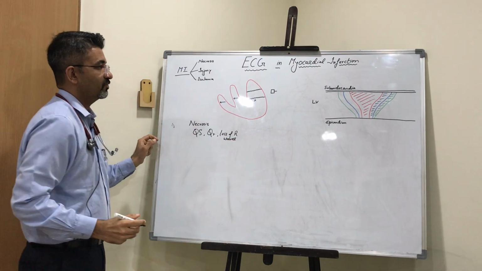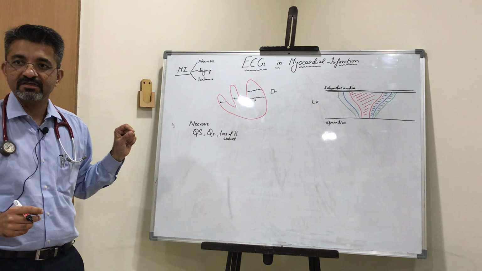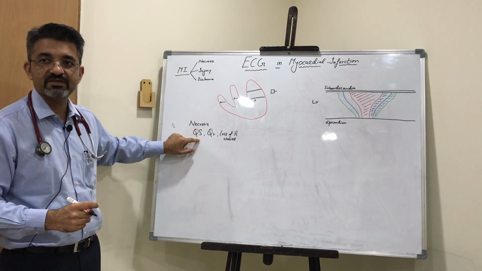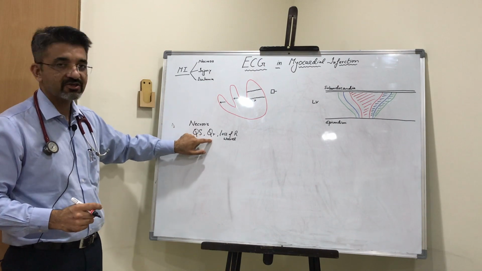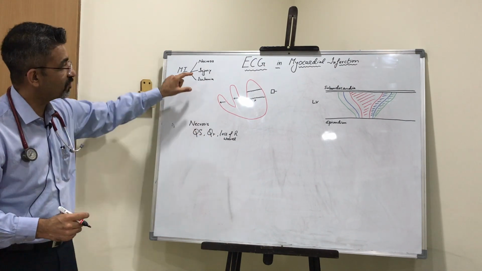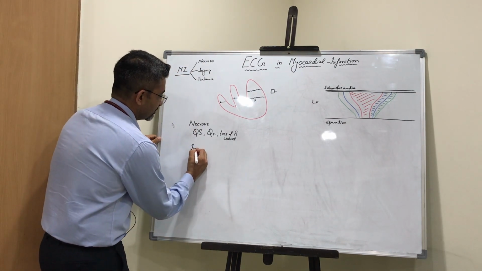When we are looking directly at the area of necrosis, we will see one of three things: either a QS formation, a QR formation, or loss of R waves.